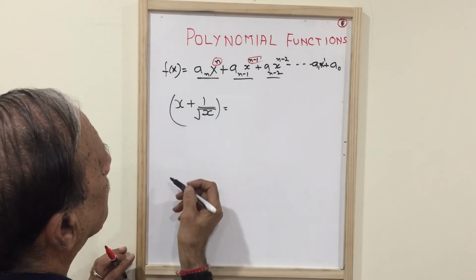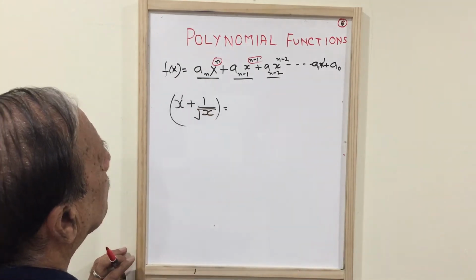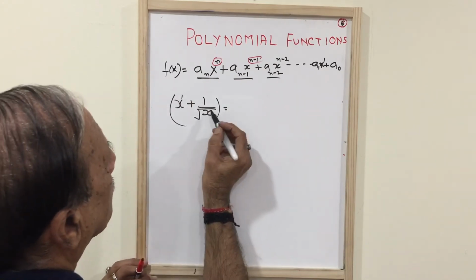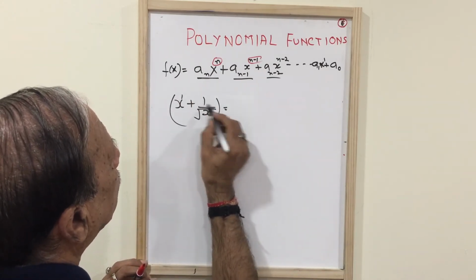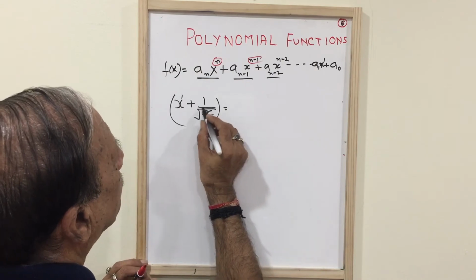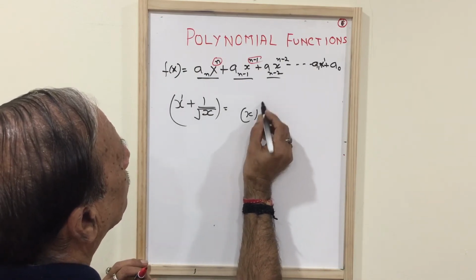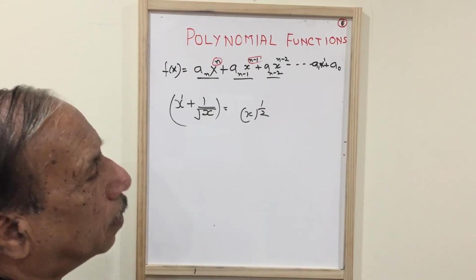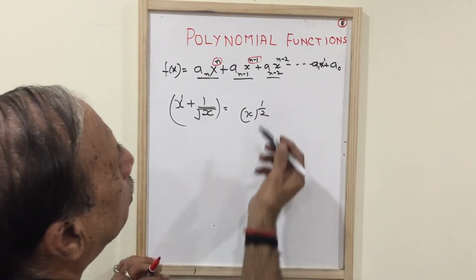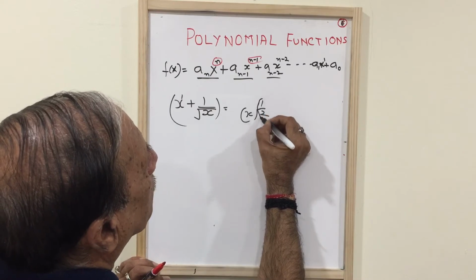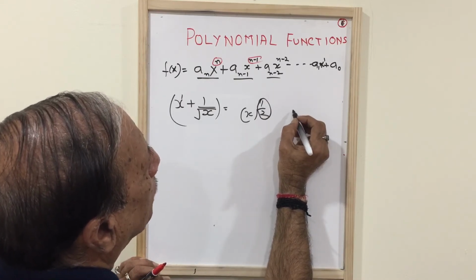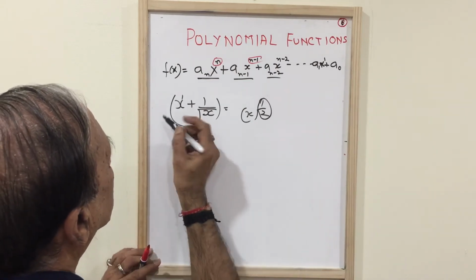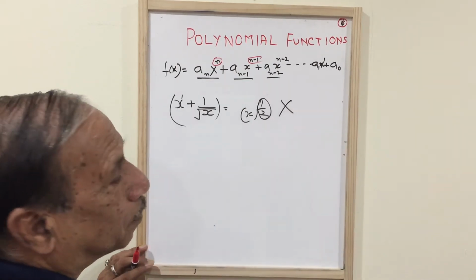In this, the power of x is 1, but this is 1 over under root x, so the power of this is x to the power 1 over 2. But as per the polynomial rules, the exponent should be a positive whole number integer. So in that case, we can say this is not a polynomial.